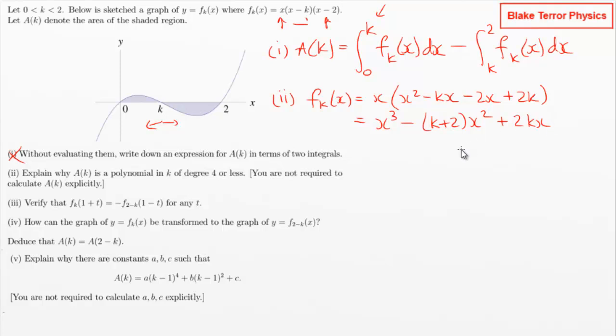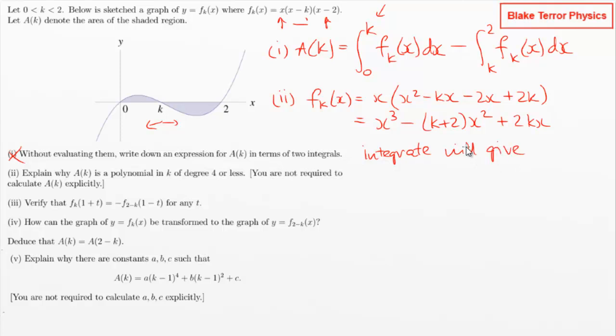I mean, this is just working towards doing the integral. But they want us to not do the integral. It's not even a hard integral to do. Okay, so let's just turn it into words then. I mean, why not just do it?